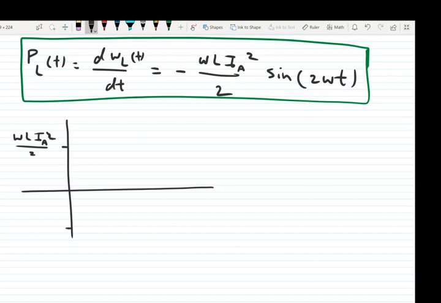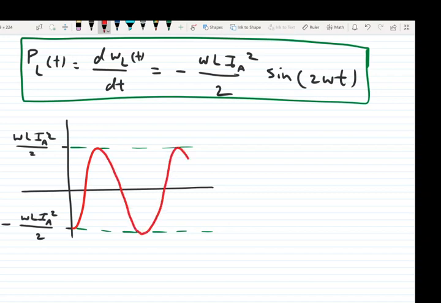The minimum value is negative omega L Ia square over 2, and because of this negative sign, this sine signal starts from negative, so it will be this graph. Let me put some dashed lines here. This one is the graph for power.